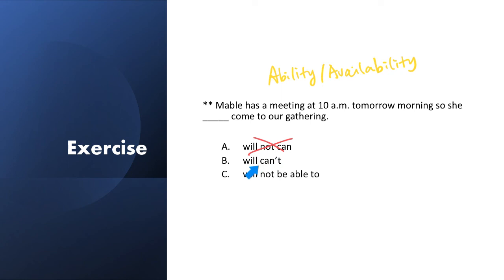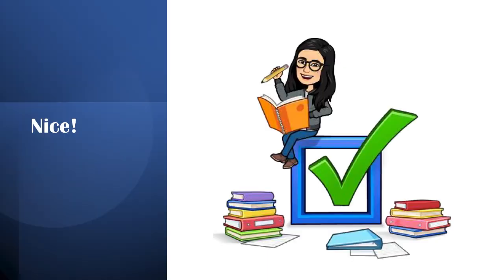So here we cannot say "will, can't." That leaves us with the last option, C. C is actually the correct answer. "Will not be able to." So when you want to talk about ability in the future, you should use "will not be able to" instead of using the word can.